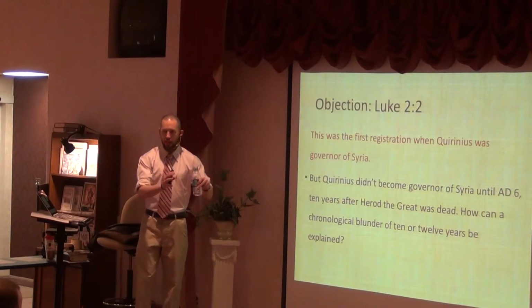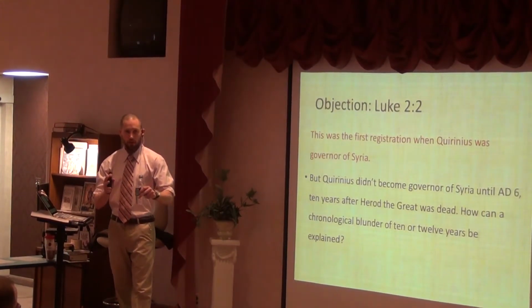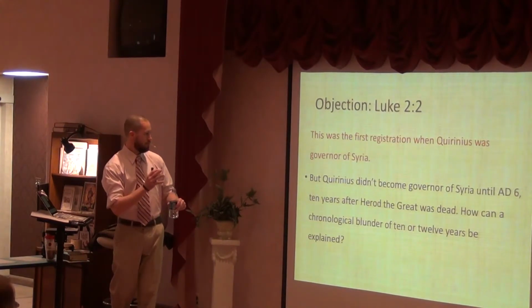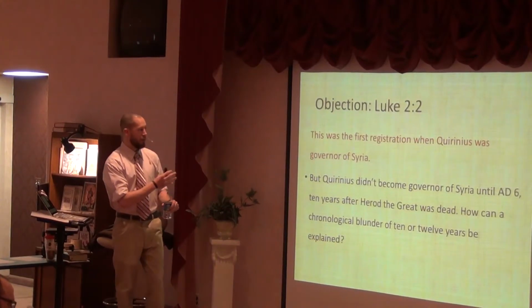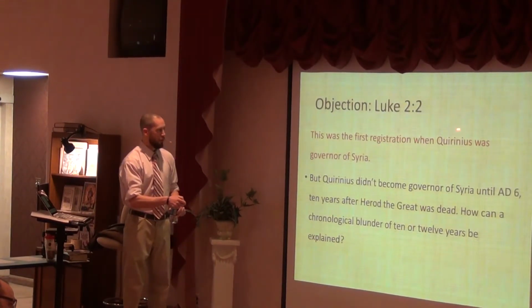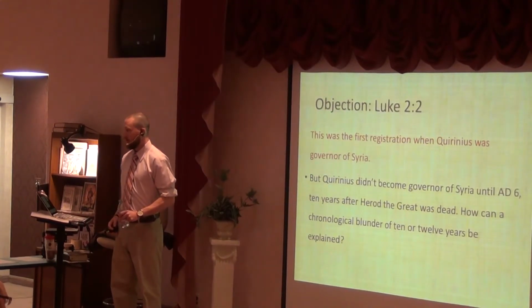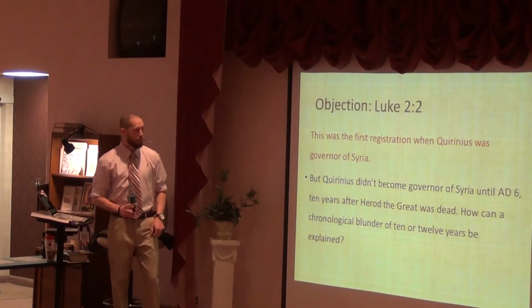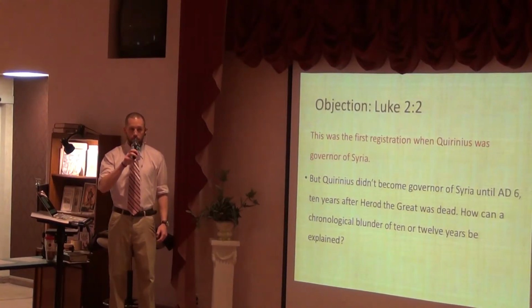The tax that we read Augustus started was like 10 years before this. But Luke tells us that this happened when Quirinius was governor of Syria. So Luke got something wrong here. It couldn't be when Quirinius was governor of Syria because it was 10 years too late. So what is Luke doing?